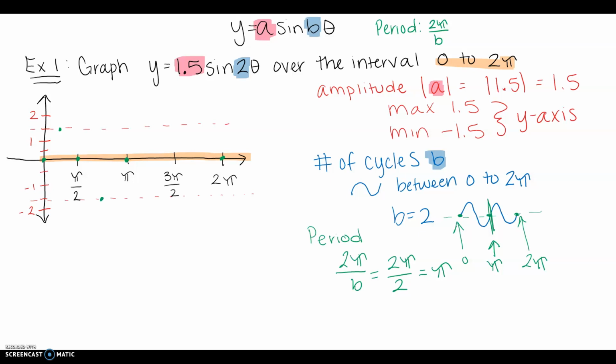So one more time, we found the amplitude, which gave us the highest and lowest. We found the number of cycles, the number of periods that we're going to have between 0 and 2 pi, which is 2. So we said we're going to have one up, then down. That's one period.